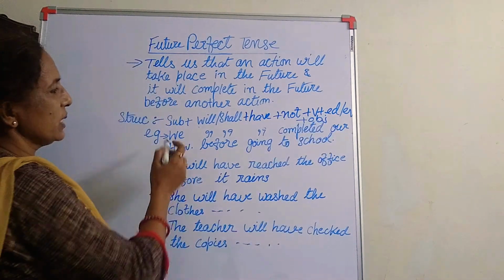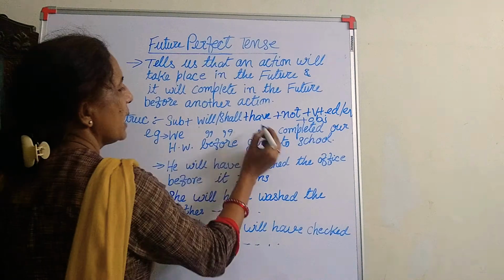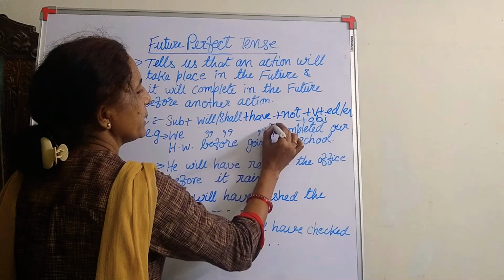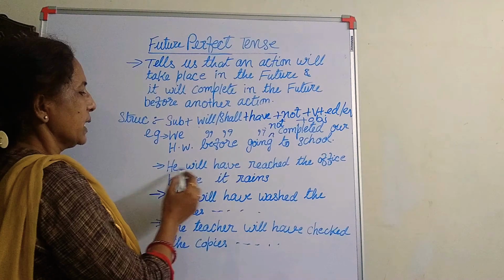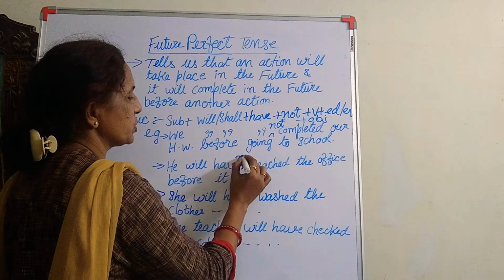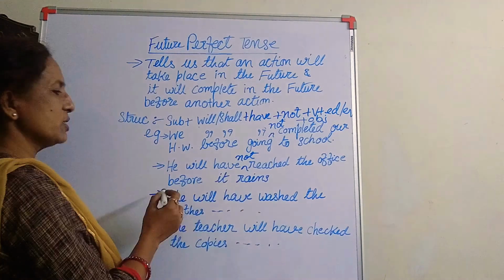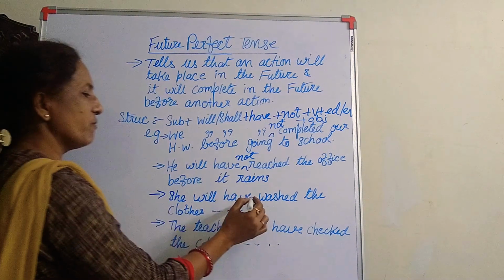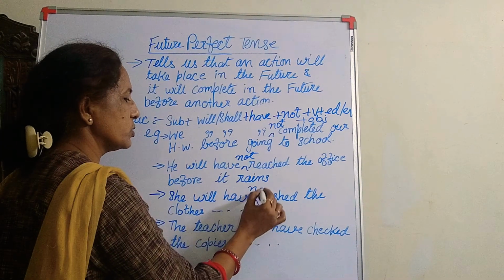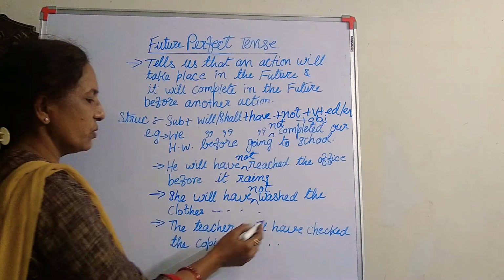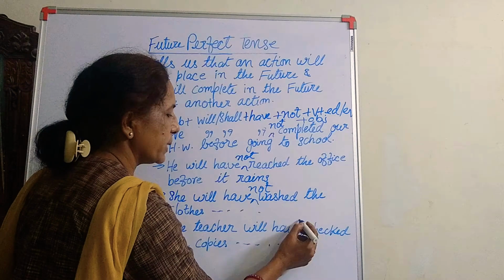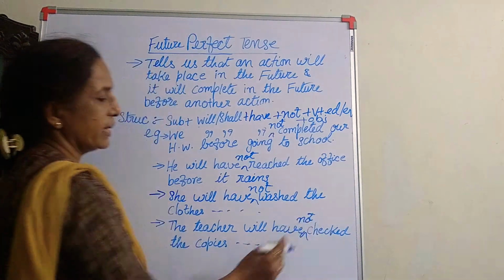So how would the structure be? We will or shall have not completed our homework before going to bed. He will have not reached the office before it rains. She will have not washed the clothes before the guest arrives. The teacher will have not checked the copies before the exams.